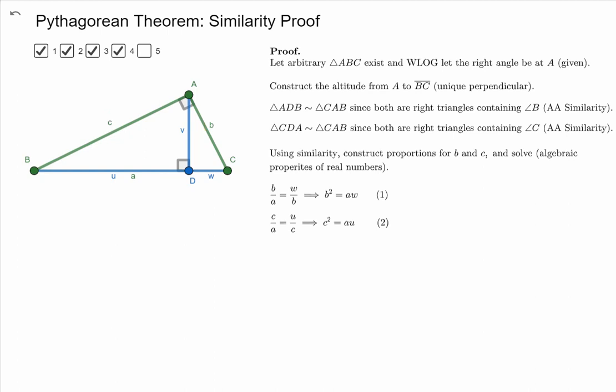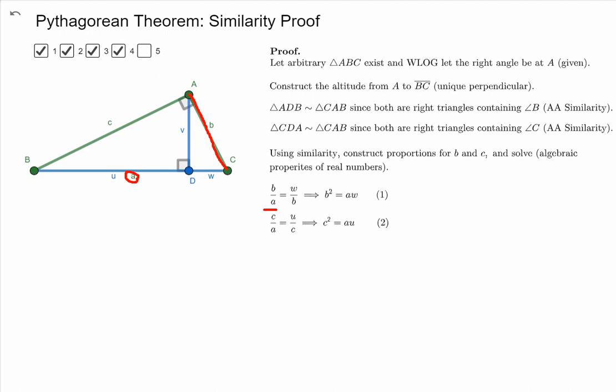Okay, so B over A. Notice that B is the hypotenuse of the small blue triangle, right? So I can put the hypotenuse B over the hypotenuse of the green triangle A. That's the first term.